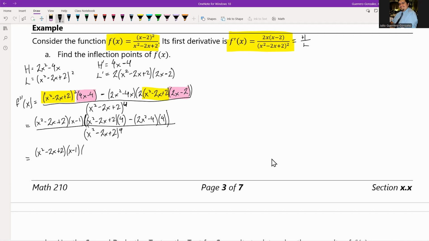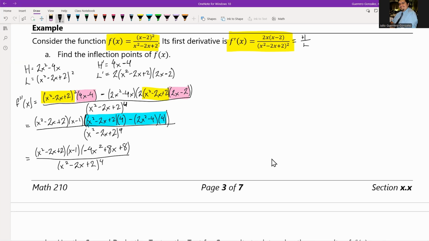If you combine this stuff, the stuff in the blue, you should get something along the lines of minus 4x squared plus 8x plus 8 all over the bottom, x squared minus 2x plus 2 to the 4th.